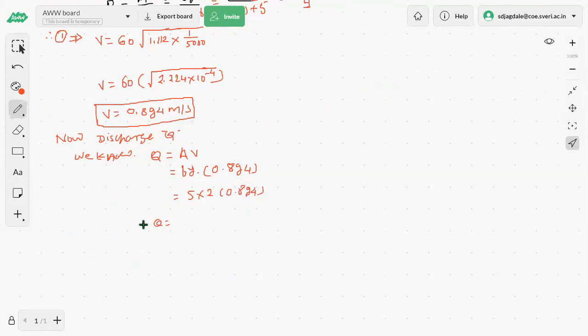So Q is equal to how many meters cube per second? 8.94 meter cube per second. This will be the discharge passing through that particular channel section.